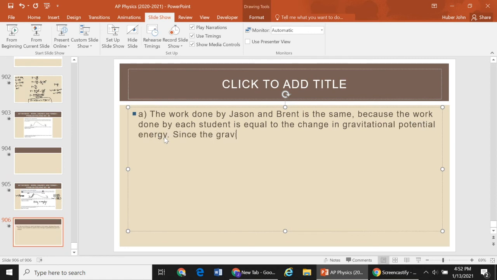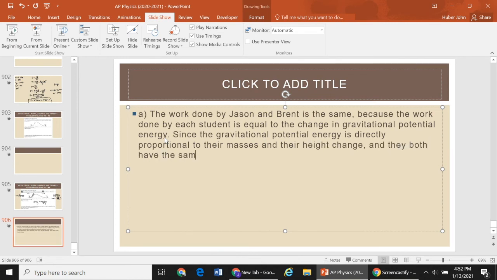Since the gravitational potential energy is directly proportional to their masses and their height change, and they both have the same mass and experience the same height change, they both do the same work. Both of these individuals do the same work in climbing up the hill because the hill has the same height and they weigh the same. That ultimately is the key to the answer.